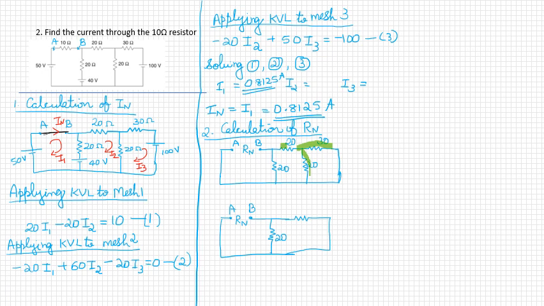So the circuit will come like this, and the value of this resistor will be 20 parallel to the series, which is 20.